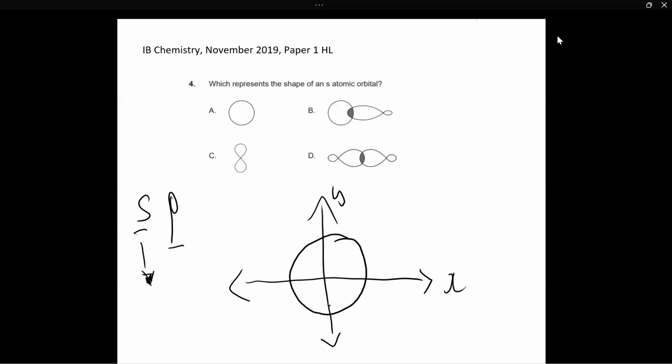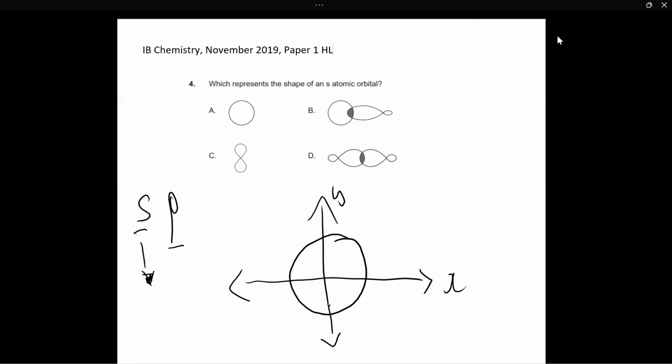And it can fit up to a maximum of 2 electrons. So the 2 electrons in the S orbital can be found anywhere in this region over here, this shaded area. So this is the S orbital. And that's what they've asked us in this question, which represents the shape of an S atomic orbital, where we've already got our answer. It's A.